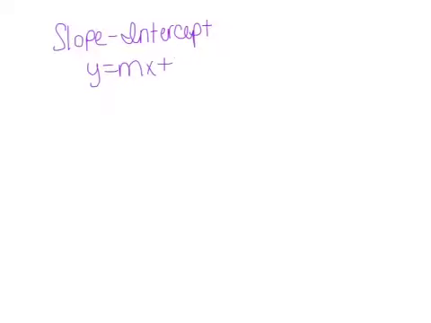Okay, so in the first part of the video, we talked about slope-intercept form, which is y equals mx plus b, where m is the slope and b is my y-intercept.